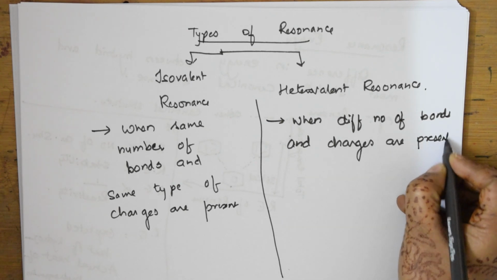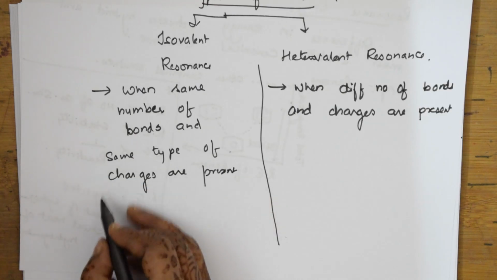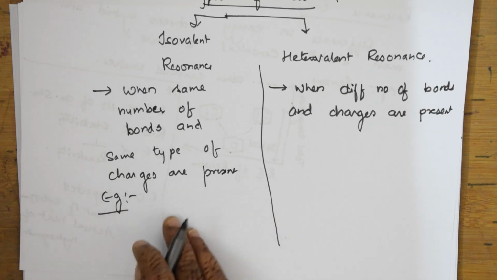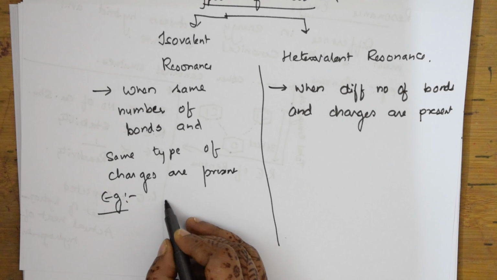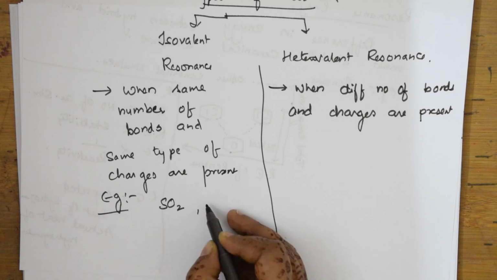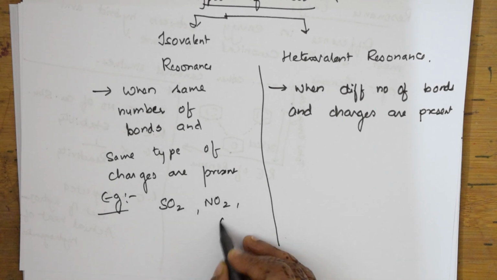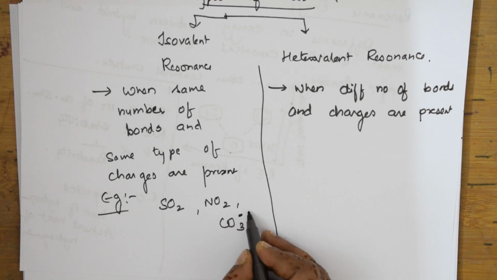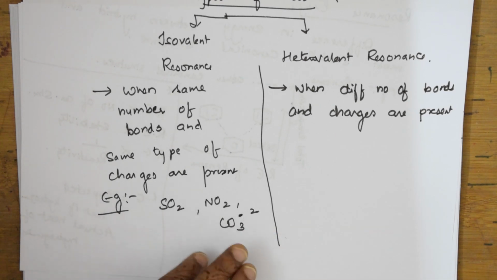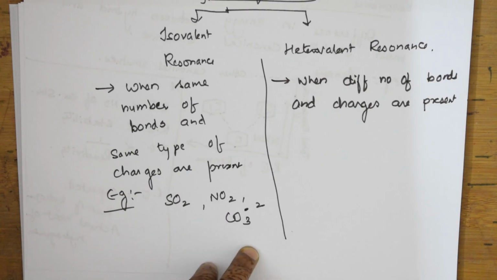Okay, let me take the examples now. In isovalent, I said same number of bonds and same charges. Right, let us see here. SO2, NO2, CO3 2 minus. Isn't it? See here, all two bonds. Here, same type of charges, minus 2.